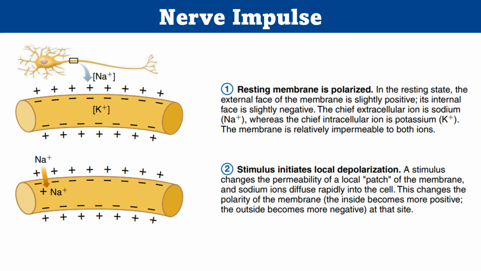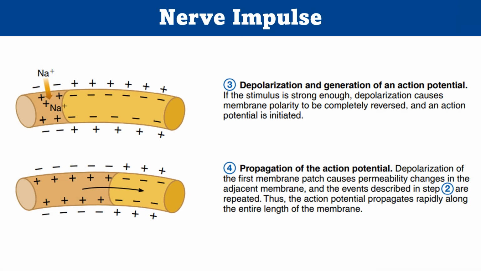The inside becomes more positive and the outside becomes more negative at that site. Next, depolarization and generation of an action potential. If the stimulus is strong enough, depolarization causes membrane polarity to be completely reversed and an action potential is initiated.